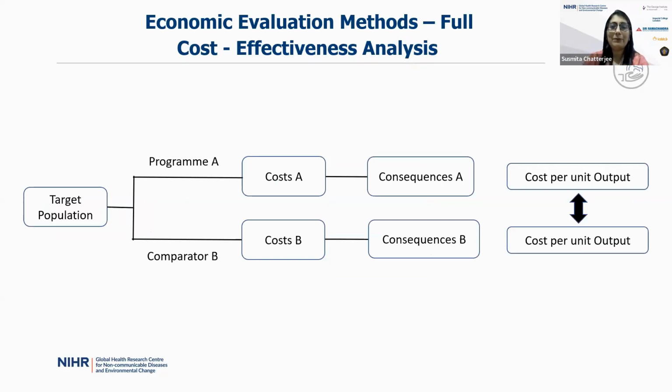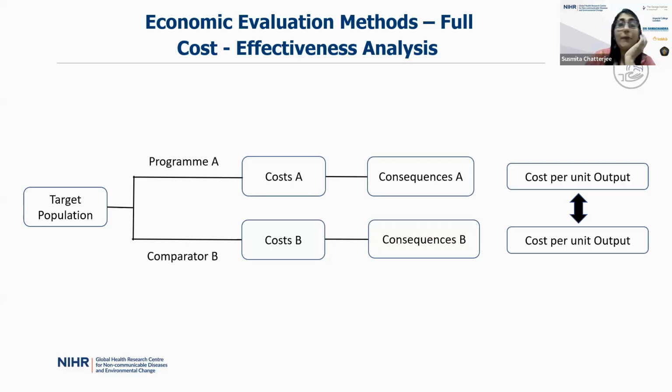Now I'm coming to probably everyone's most favorite, cost effectiveness analysis. Here, what we do again: COVID-19 vaccine cost, treatment cost, COVID-19 vaccine consequence, and treatment consequence. Here, another layer is added, cost per unit of output. Now, based on your responses, tell me what would be the output.